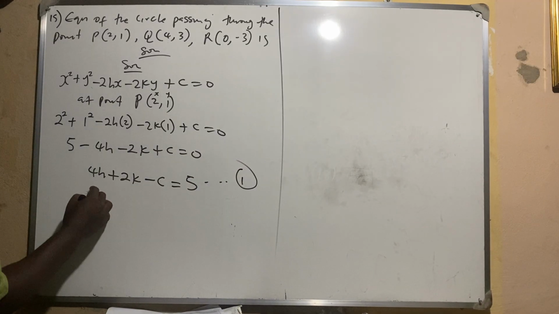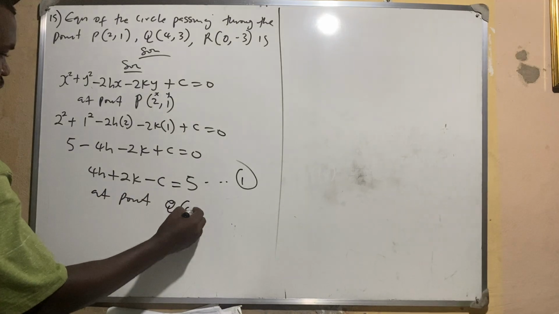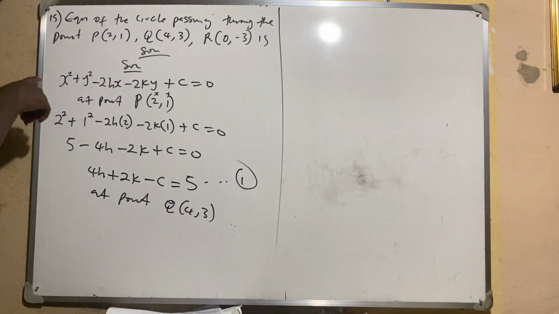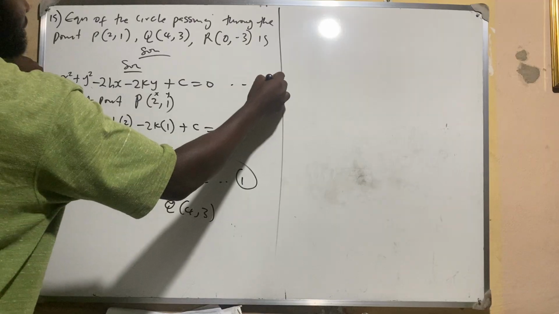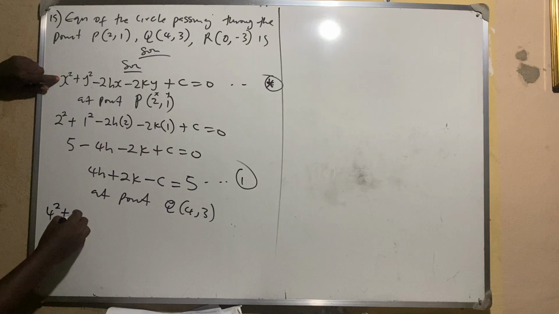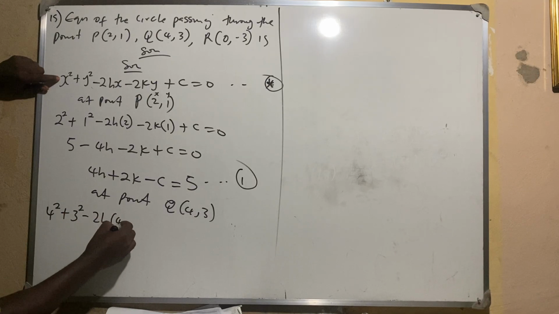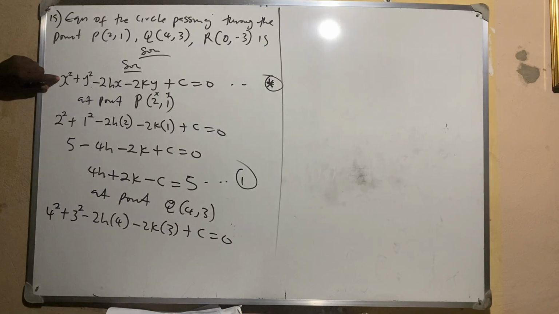Now do the same thing again at the second point Q, and Q is what? (4, 3). If you put it here, you are putting back in this equation. We are putting it here in this equation star. Let me call it equation star. So if you put it here, I'm going to have 4 squared plus 3 squared minus 2h(4) minus 2k(3) plus c is equal to 0. So I'm going to have 16 plus 9, 25.